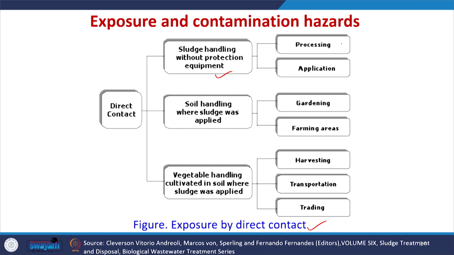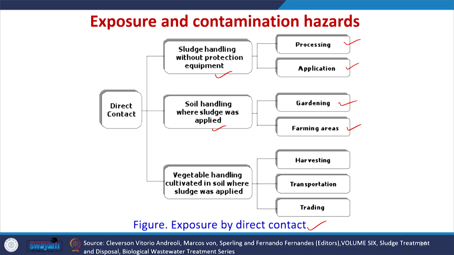And this may happen during processing or during application. Then sludge handling where the sludge was applied. So, it is possible direct contact may happen during gardening and farming areas also. Similarly, vegetable handling cultivated in soil where sludge was applied.